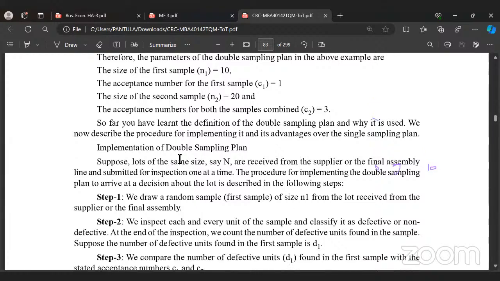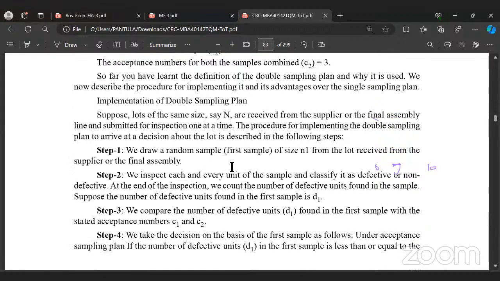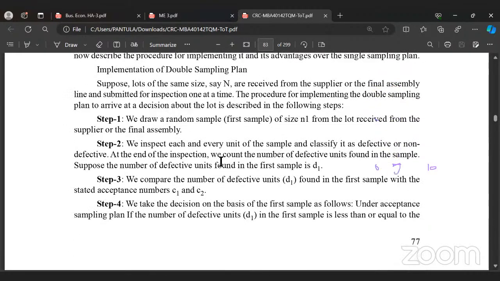For example, the lot size is capital N, which is nothing but the total population, received from the supplier or final assembly line and submitted for inspection one at a time. The procedure for implementing the double sampling plan to arrive at a decision about the lot is described in the following. You can see we draw a random sample.